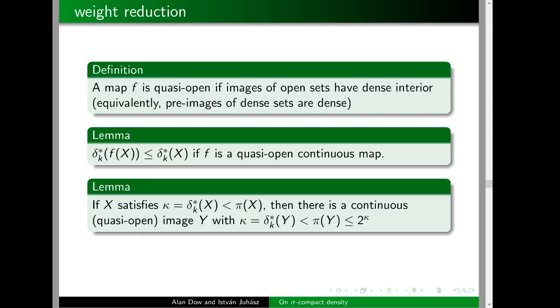X is compact. You throw it into a Tikhonov cube, you get a big set of coordinates of size 2 to the kappa. And you project the x into that set of coordinates. Now the weight is at most 2 to the kappa, so of course the pi weight is at most 2 to the kappa.